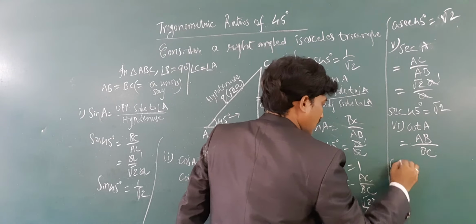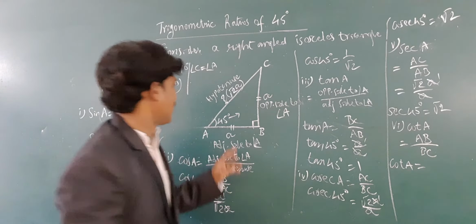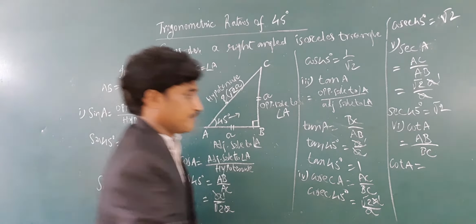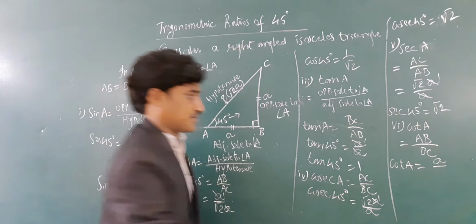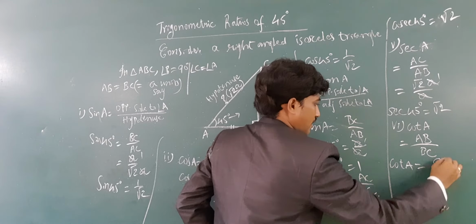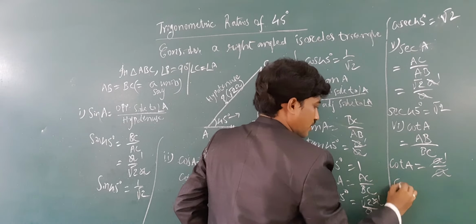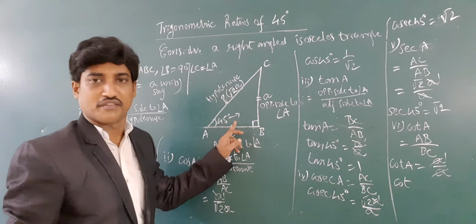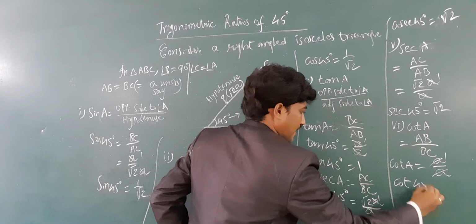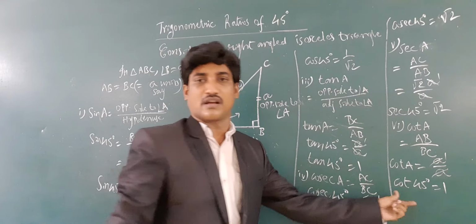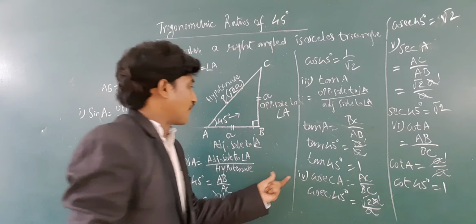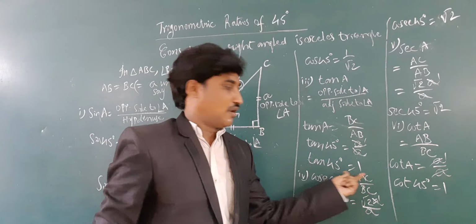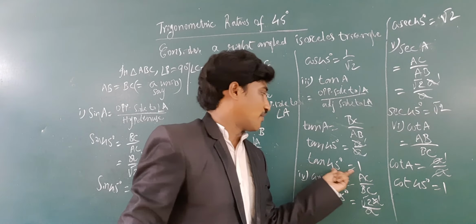Here AB length is A units, and BC length is also A units. A gets cancelled, so cot 45 degrees is 1. In fact, cot theta is the reciprocal of tan theta. Tan 45 is 1, so its reciprocal is 1.